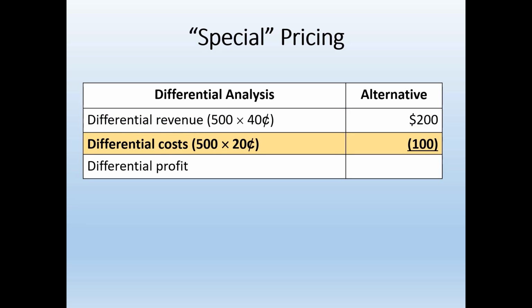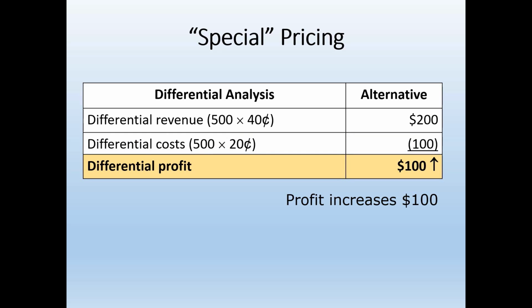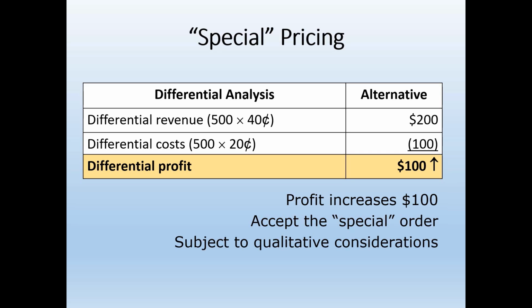And the only difference in its costs would be the 20-cent variable cost per print times the 500 special prints, for a differential profit of $100. So, based on economic considerations, the firm should accept the special order. But before it does, it should consider whether there are any qualitative factors that might affect this decision.